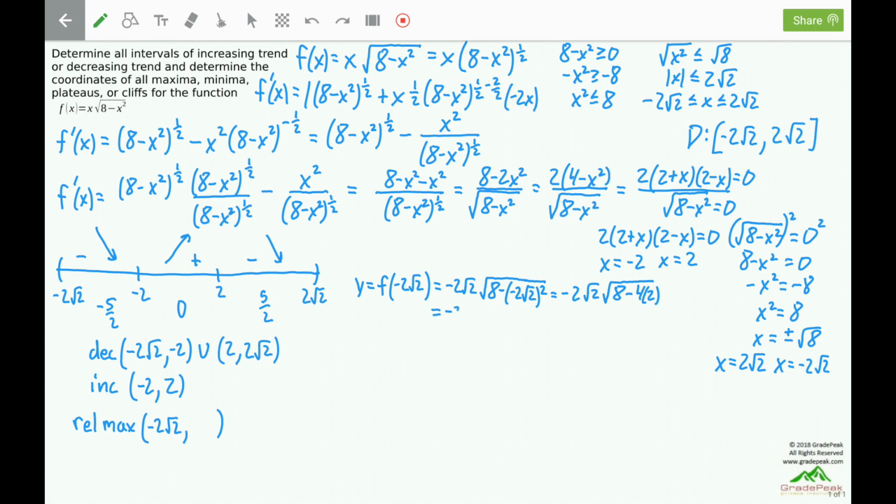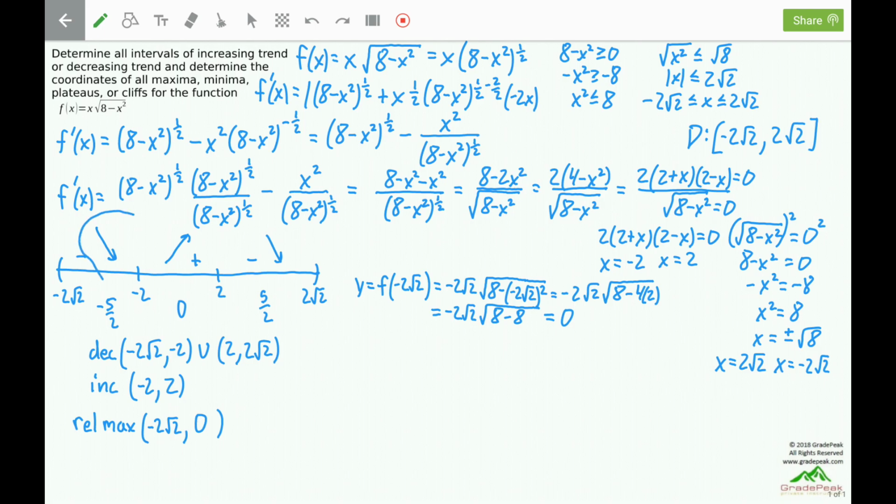So this equals negative 2 square root of 2 times the square root of 8 minus 4 times 2, which is 8. 8 minus 8 is 0, and the square root of 0 is 0, so overall this is going to be a 0. So it has a corresponding y-coordinate of 0.